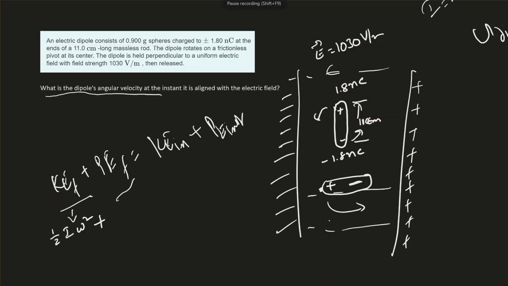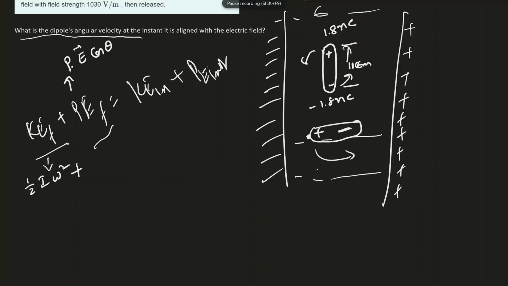So once it moved in the direction, potential energy is, the formula is dipole moment times electric field times cos theta, where P is the dipole moment. The P value here is Q times S, where Q is the charge. We know the charge value.